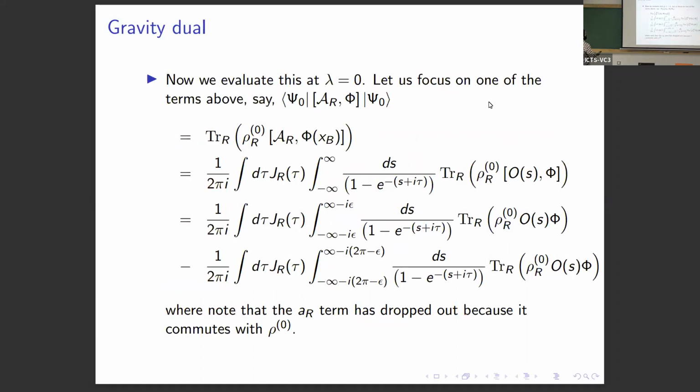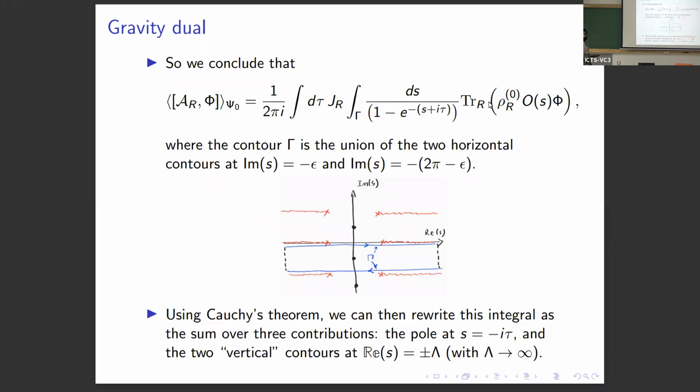So we can explicitly plug in the first order formula for the modular Berry connection into this equation, take this integral, massage it a little bit, and realize that what you're computing here, because of this commutator, is a particular contour integral. This contour integral is in the complex S plane, where S is modular time.